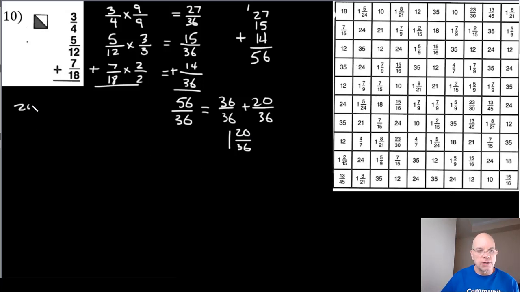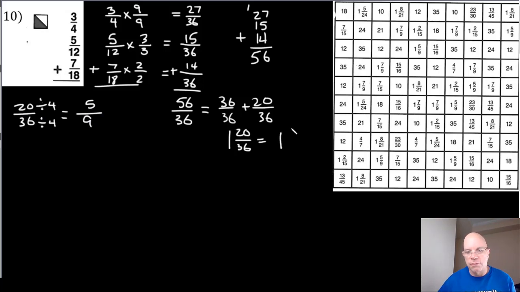Now, if you can look at 20/36 and simplify it directly, you can do that. I mean, if you recognize that the GCF is 4, you can do it in one step. That's how GCF can help us. 20 divided by 4 is 5, and 36 divided by 4 is 9. And so this, in simplest form, would be 1 and 5/9.